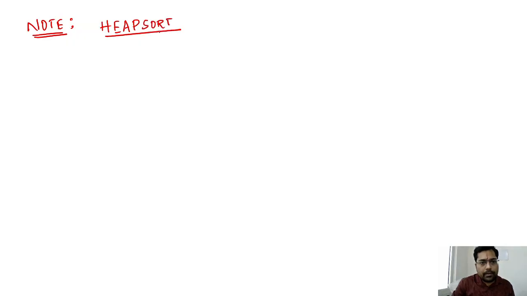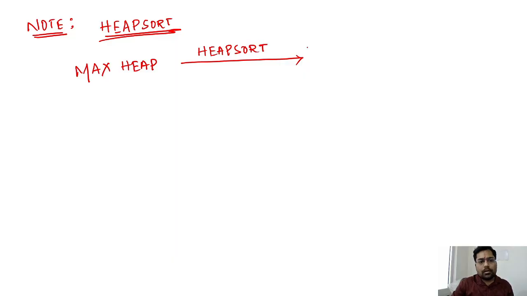Okay, special note, remember. What we have to do always when doing heap sort: if max heap and you are following the property of heap sort, max heap means increasing order.